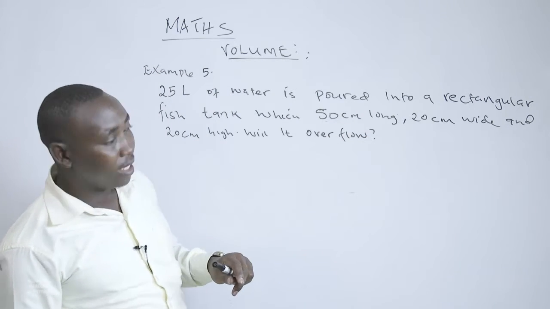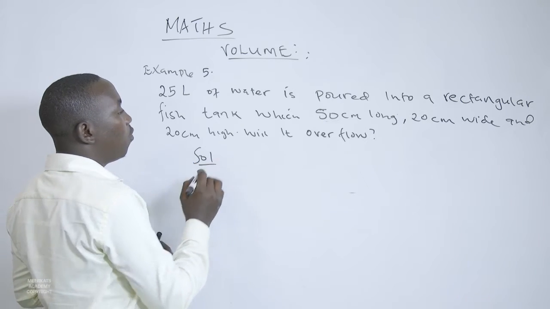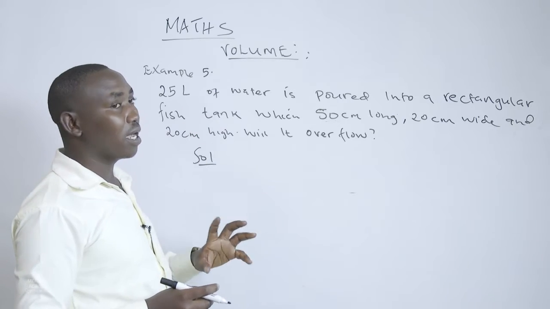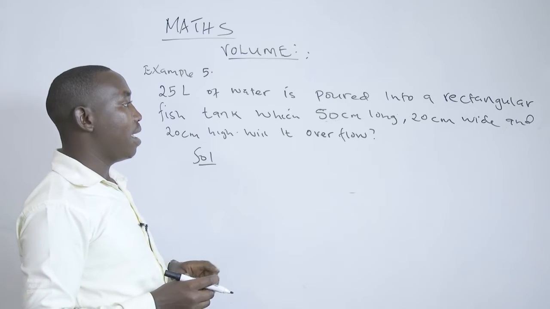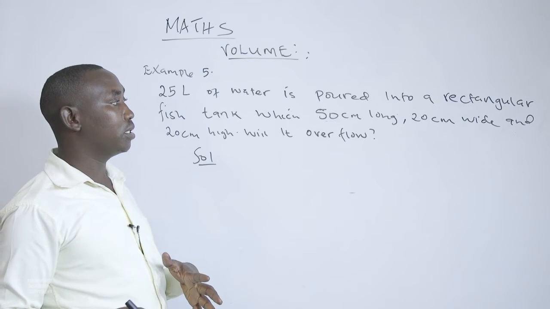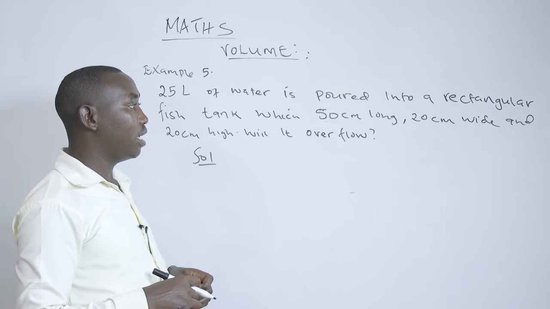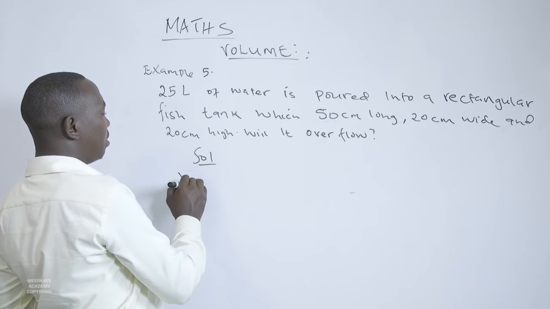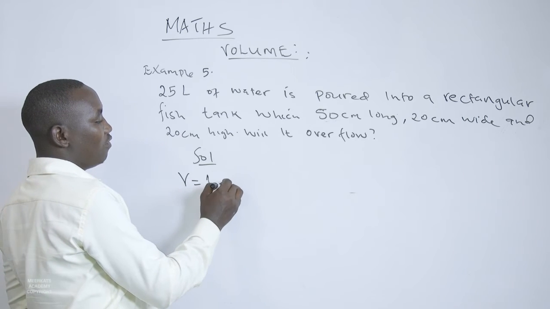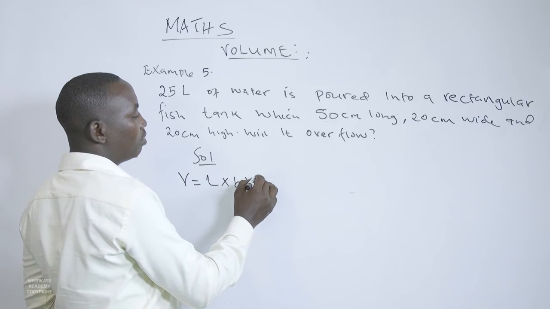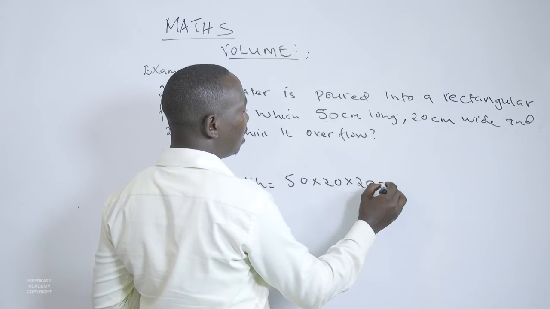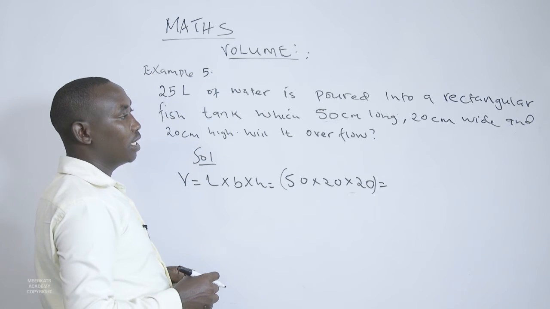Now, for us to be able to answer this question, we need to know what capacity this rectangular fish tank holds in terms of water. And we talked of how we can convert from units of volume to capacity units. The volume that this rectangular fish tank holds will be given by the length multiplied by the breadth multiplied by the height, which is 50 by 20 by 20, and all of these are in centimeters.